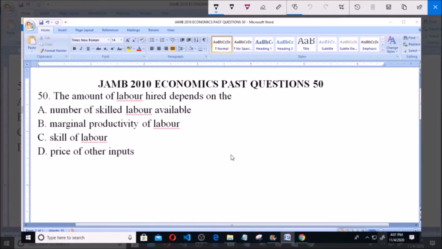The Jamb 2010 Economics Past Question, question 50, says the amount of labor hired depends on option A, number of skilled labor available, option B, marginal productivity of labor, option C, skill of labor, option D, price of other inputs.